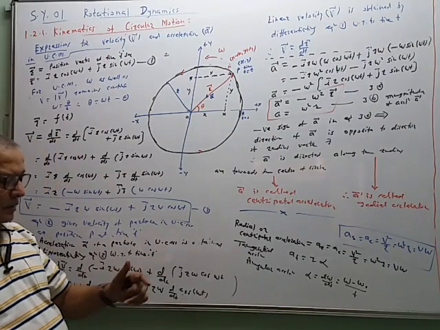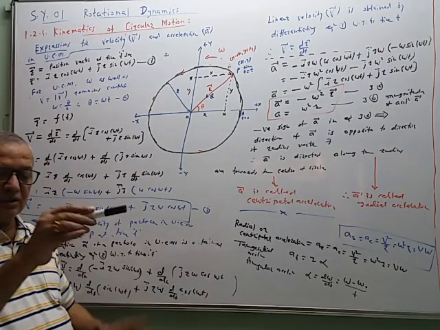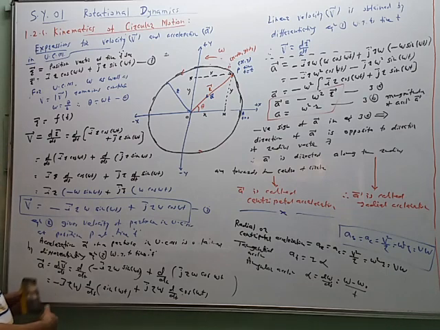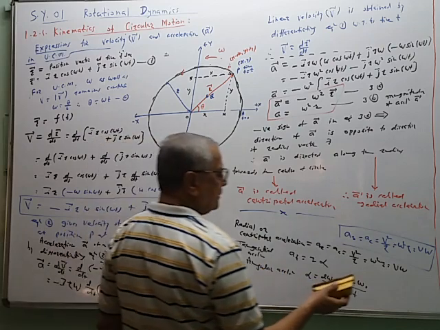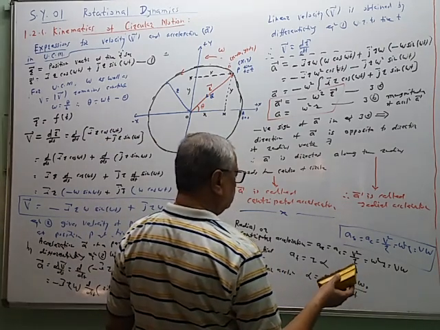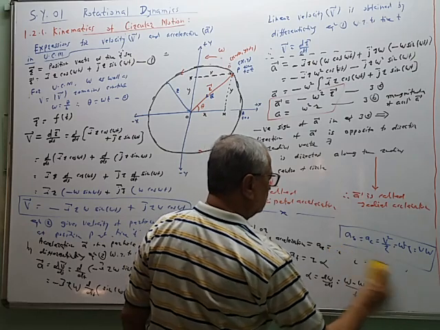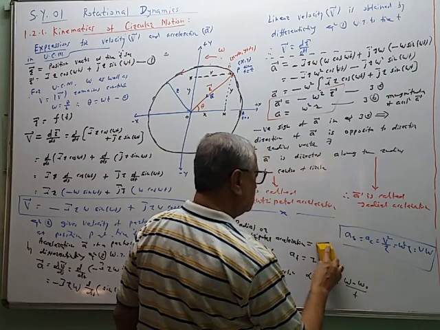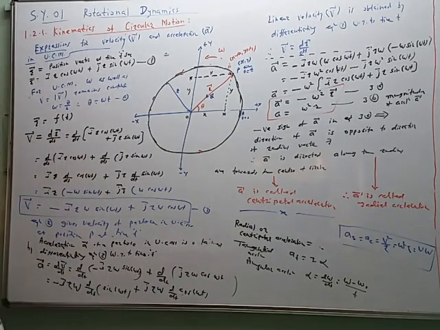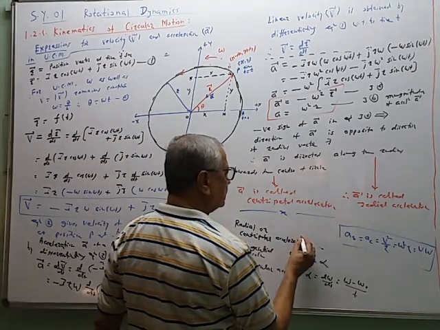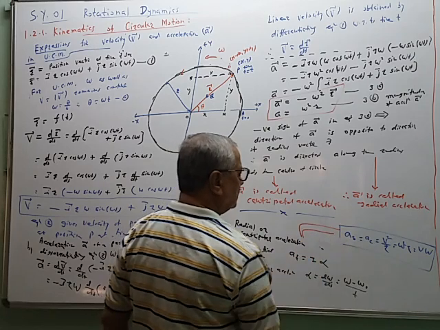So these different types of accelerations are shown by a single figure like this. So I will show that figure here. This radial or tangential acceleration is given by this.